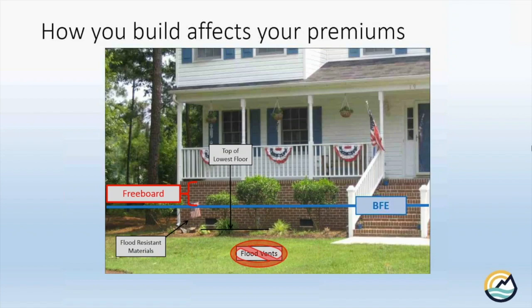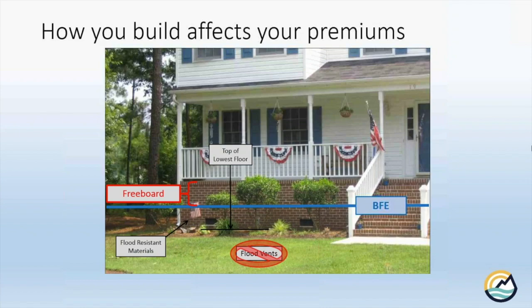So you're going to pay higher insurance premiums. Anytime you're below the base flood elevation, you're higher risk, so your premium goes up. Anytime you're above it, you're lower risk, your premium goes down. So by just forgetting flood vents, I'm paying for an extra 18 inches of risk that may or may not actually be there.